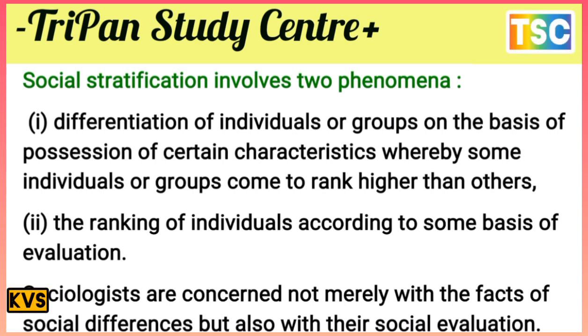First, differentiation of individuals or groups on the basis of their positions and characteristics, whereby some individuals or groups come to be ranked higher than others. Second, the ranking of individuals according to some basis of evaluation.